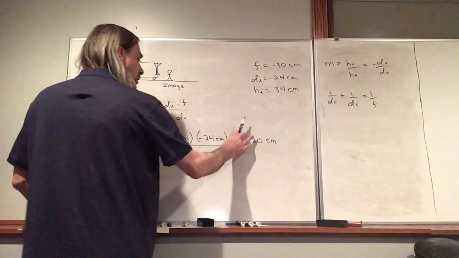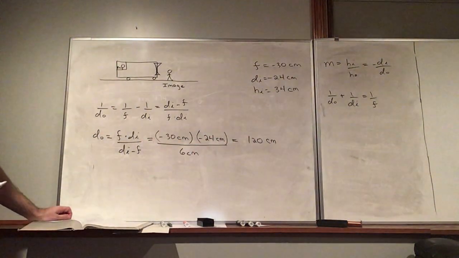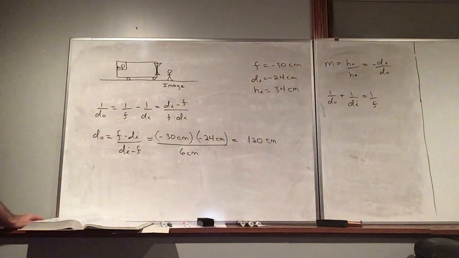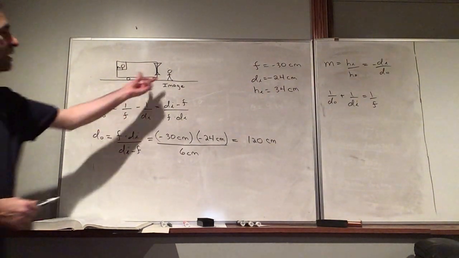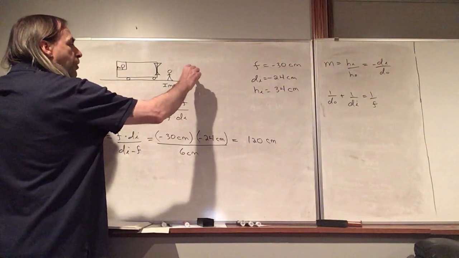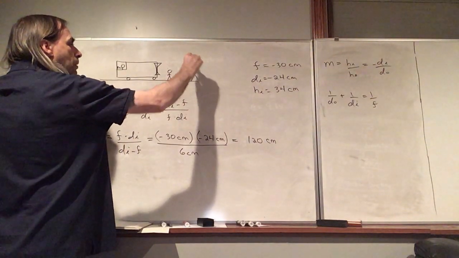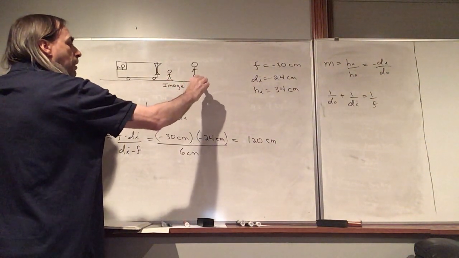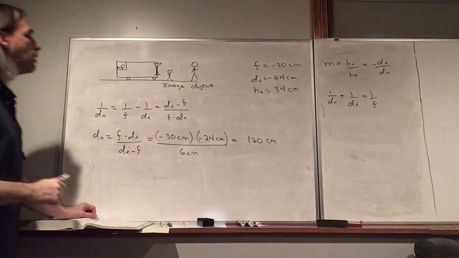Oh wait, positive 120. Okay, so our object, if this is 34, then the object would be basically over here.